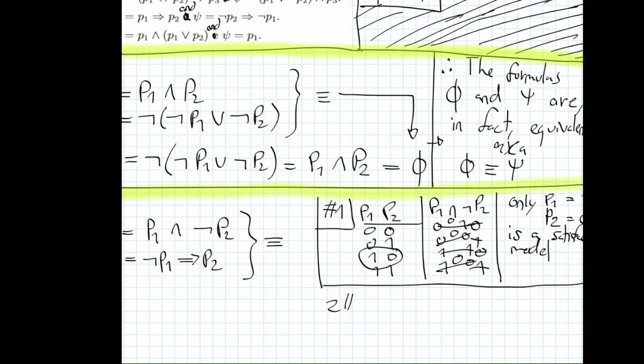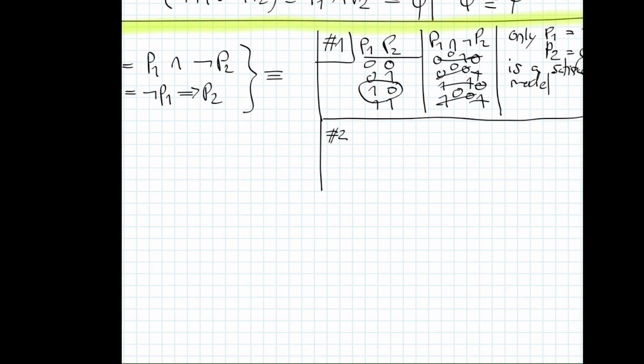Second, we want to do the exact same for the other expression.